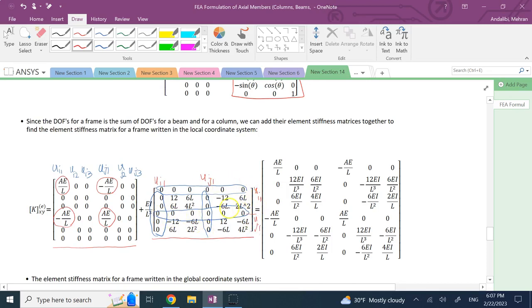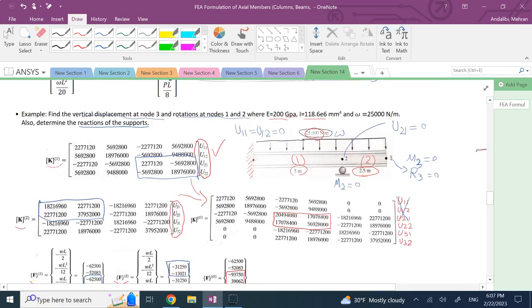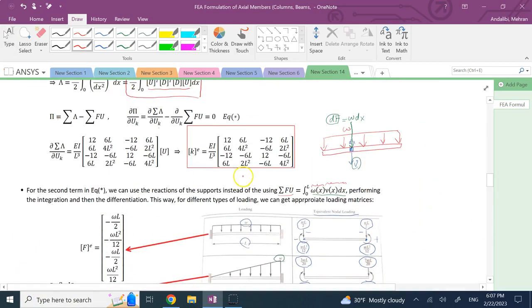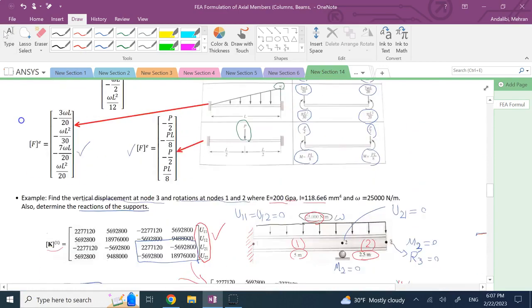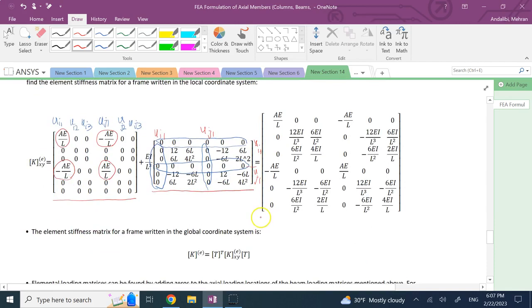So at those intersections, you have all of these zeros, and all of these 12L, 6L, and everything, they are all coming from this guy over there. So you put them together and finally you get this big local stiffness matrix.